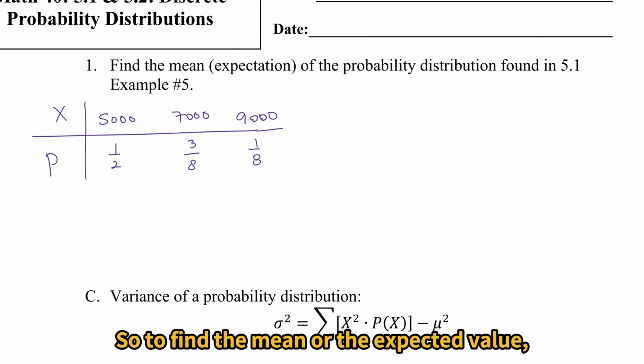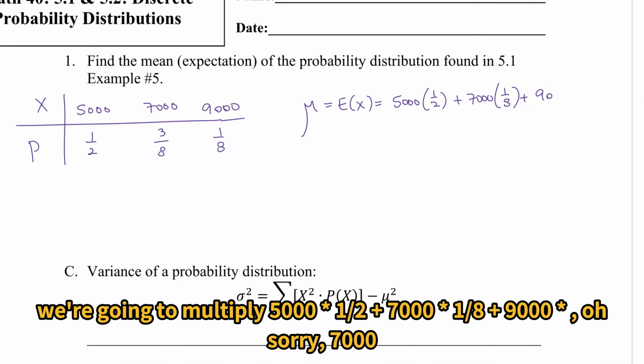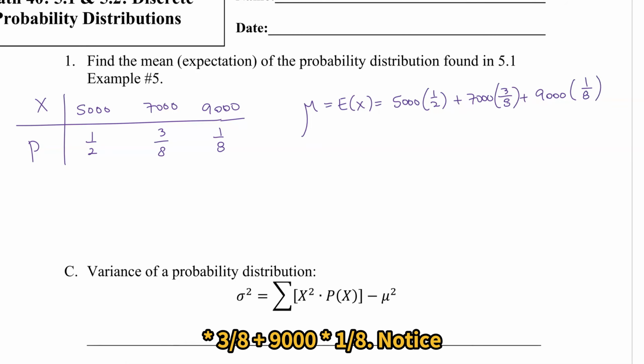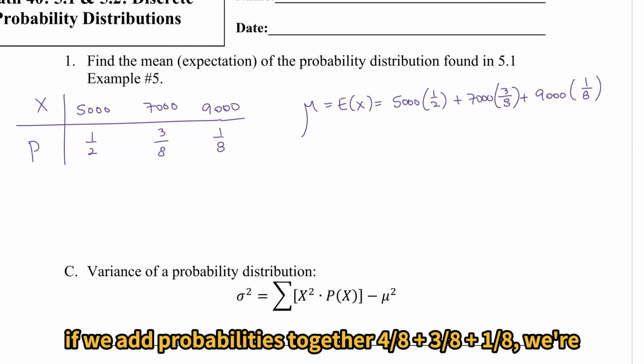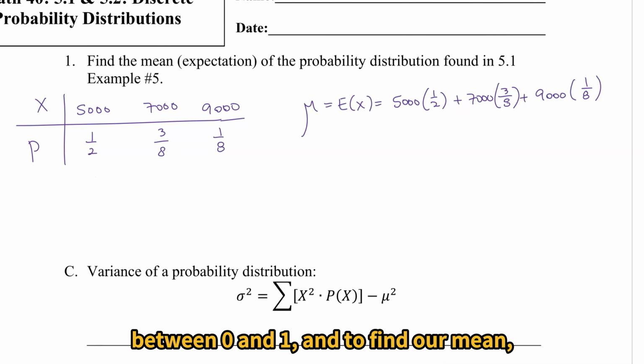So to find the mean or the expected value, we're going to multiply 5,000 times 1/2 plus 7,000 times 3/8 plus 9,000 times 1/8. Notice in this example that if we add our probabilities together, 4/8 plus 3/8 plus 1/8, we're going to get 1. All of our probabilities lie between 0 and 1.